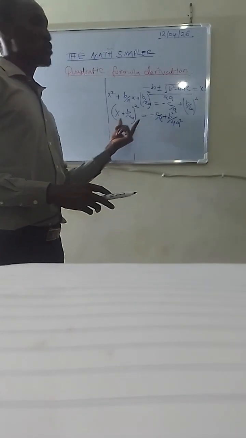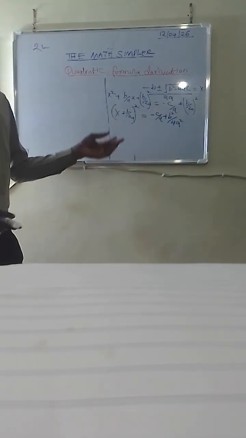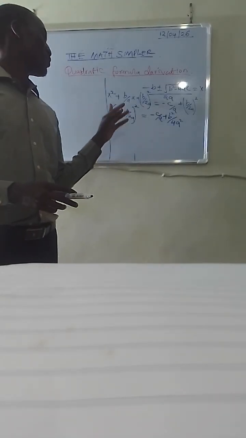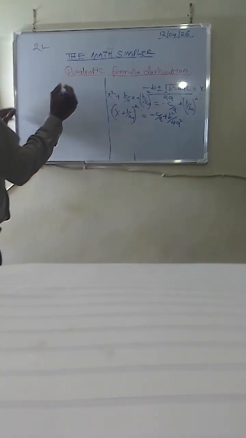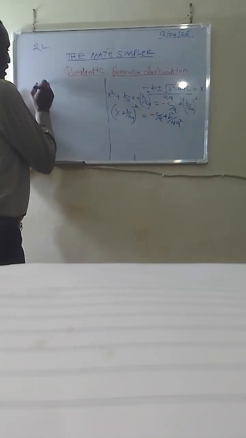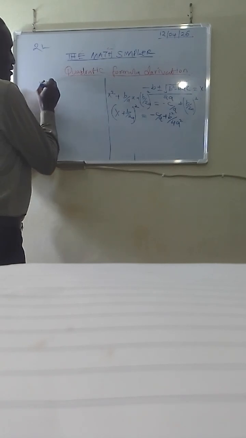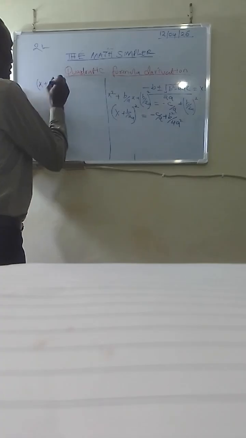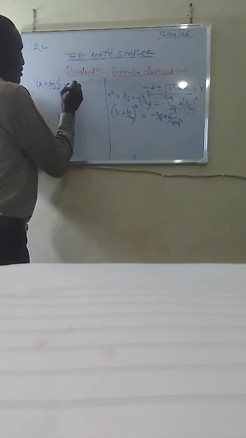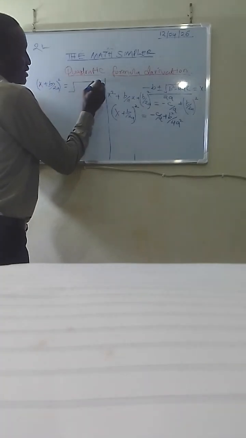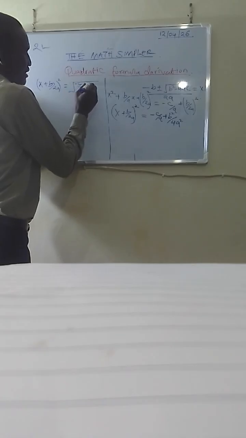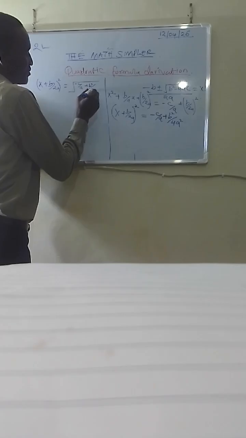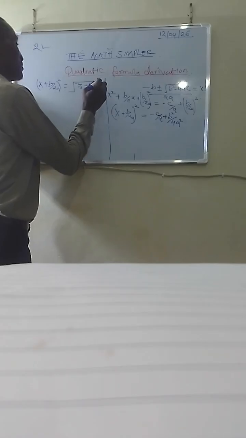So when we want to do away with this squared sign, we are going to find the square root of both sides. That one will be x plus b over 2a squared equals the square root of negative c over a plus b squared all over 4a squared.